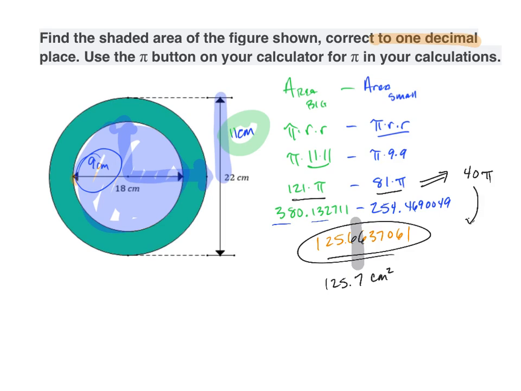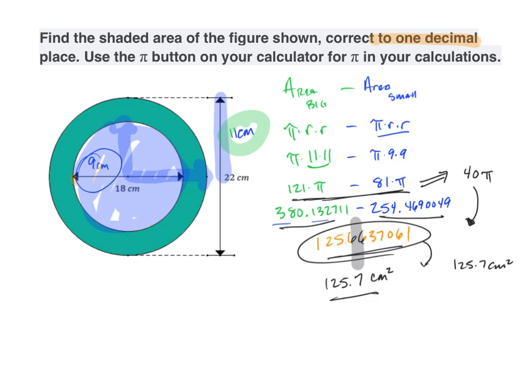So it just skips one step. If you can understand it, then be careful. But if you can understand it, then it saves you a step because you still would have gotten this number, and then you would have had to round it down to 125.7 centimeters squared. If you don't understand what I did here, just calculate, subtract the actual numbers, and you'll get the same answer.